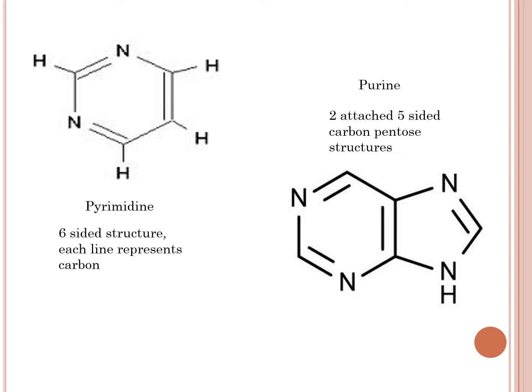So here's what the structure of a pyrimidine and a purine looks like. A pyrimidine is a 6-sided structure where each line represents a carbon. Cytosine and thymine and also uracil in RNA are pyrimidines. Purines are 2 attached 5-sided carbon pentose structures, and that would include adenine and guanine. Each strand of DNA is linked by hydrogen bonds connecting purines to pyrimidines.